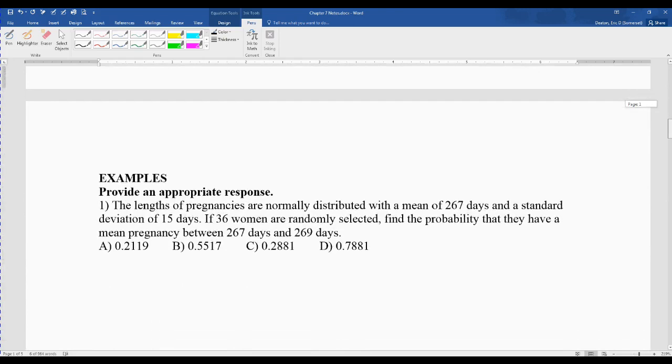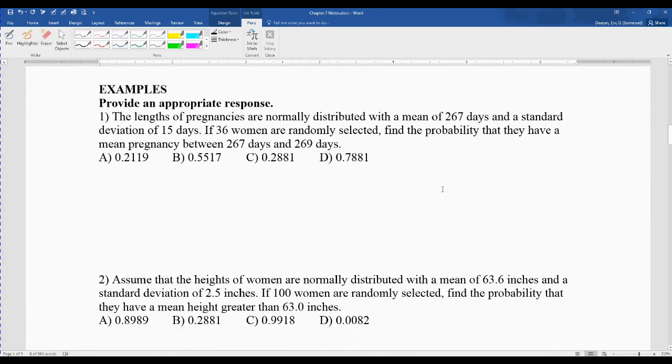So what we're going to do is some examples. If you look at the words, you'll notice some similarities. Normally distributed. We've got a mean of 267, standard deviation 15 days, 36 women, and that's our n. That's new.